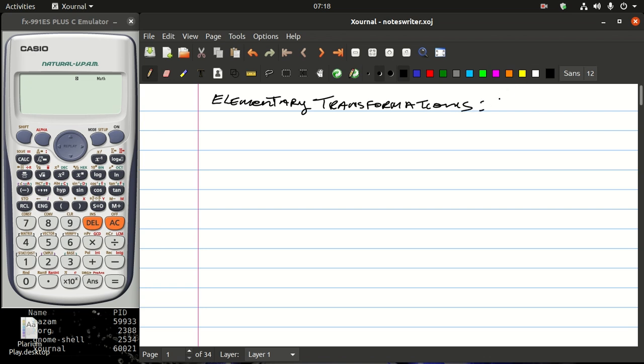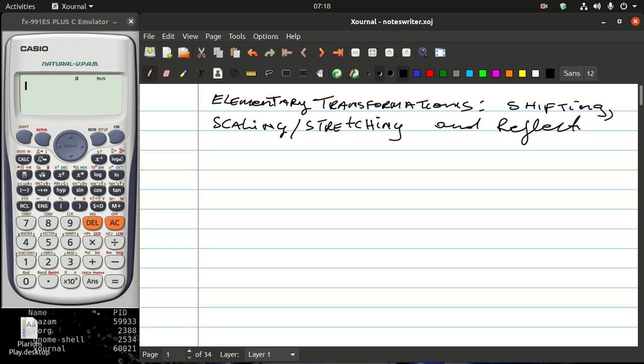And under elemental transformations, we'll be talking about shifting of functions, scaling or stretching, and reflecting of functions.